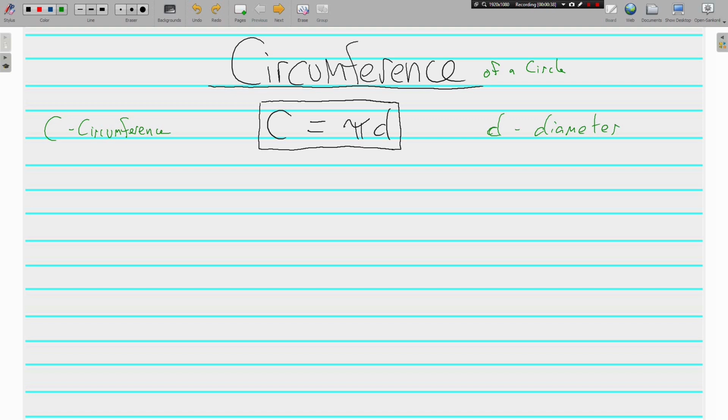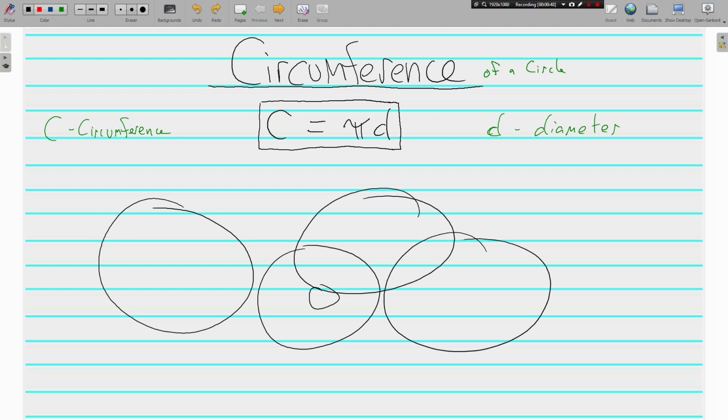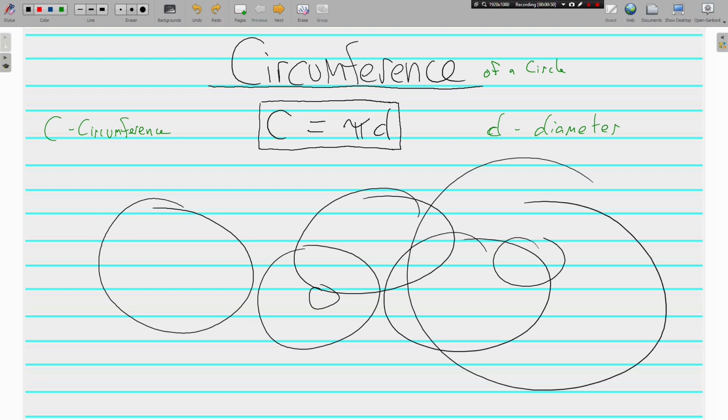Now, what is pi? Pi has to do with circles. Any size circle. It doesn't matter what size they are.